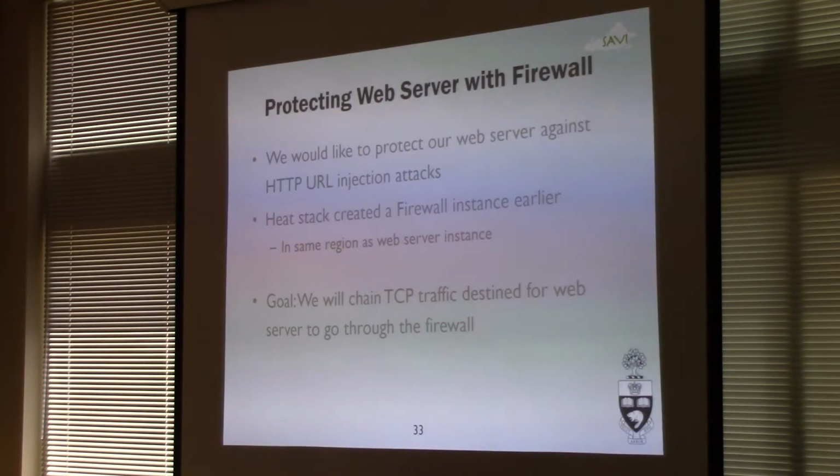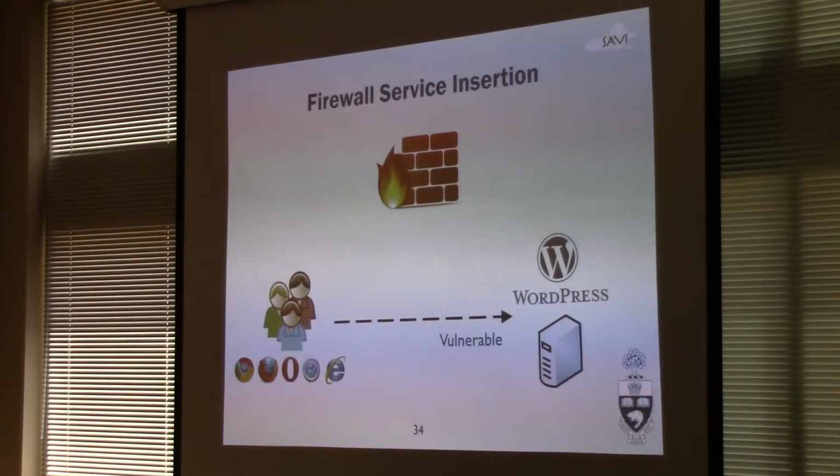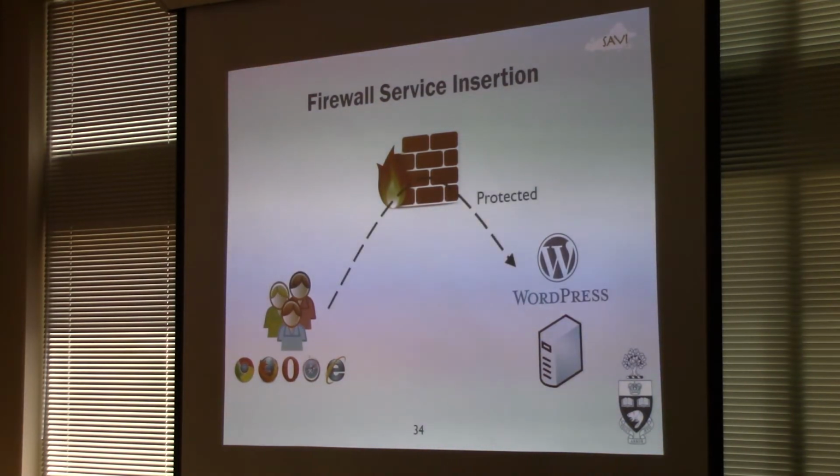So TCP web traffic is TCP port 80, and then destined for the web server, so it knows exactly what the IP and MAC address of that web server is, right? So again, the goal here is, right now, this is quote unquote vulnerable, and then after we do the service chaining, oh, there's some animation, cool. We should see it protected.